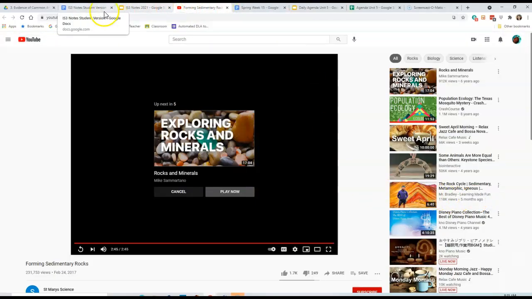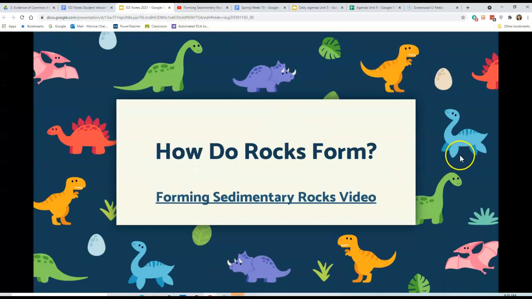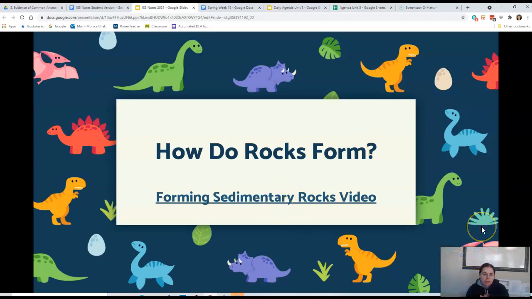Okie dokie. Let's go back to this. All right, so first of all, when it says, let's get started, how do rocks form? It's important to note that we are talking only about sedimentary rocks. There are igneous and metamorphic rocks, and those ones form in a very different way.